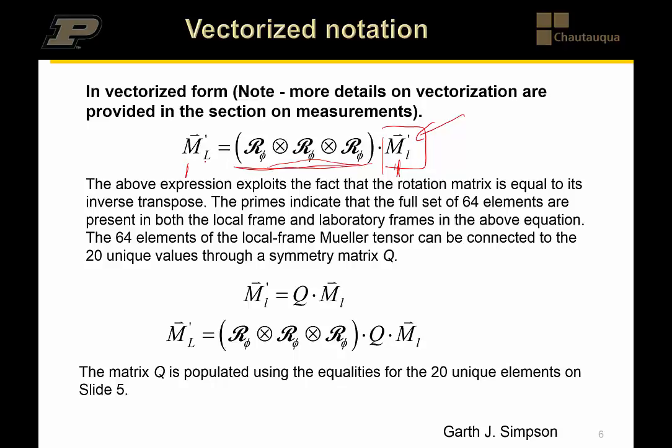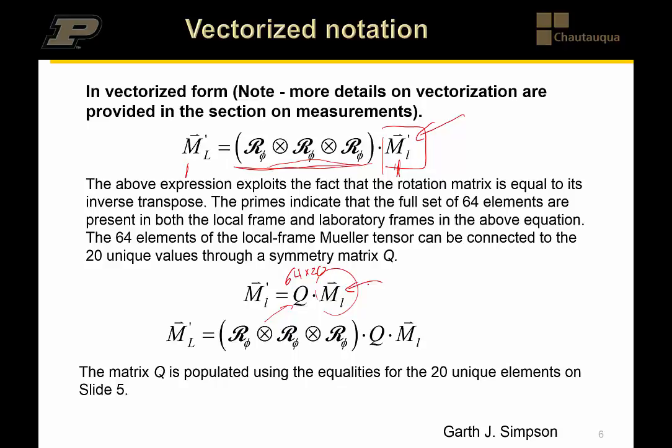But we can populate the full set of 64 with a subset that are unique if we introduce a symmetry matrix. We're just going to say we've got 20 of these that are non-zero and unique. We'll populate all 64 with a 64 by 20 matrix that has a lot of zeros in it, but basically will allow us to generate all 64 of these and connect up all of the equalities to just have a set of unique non-zero elements in M_L.